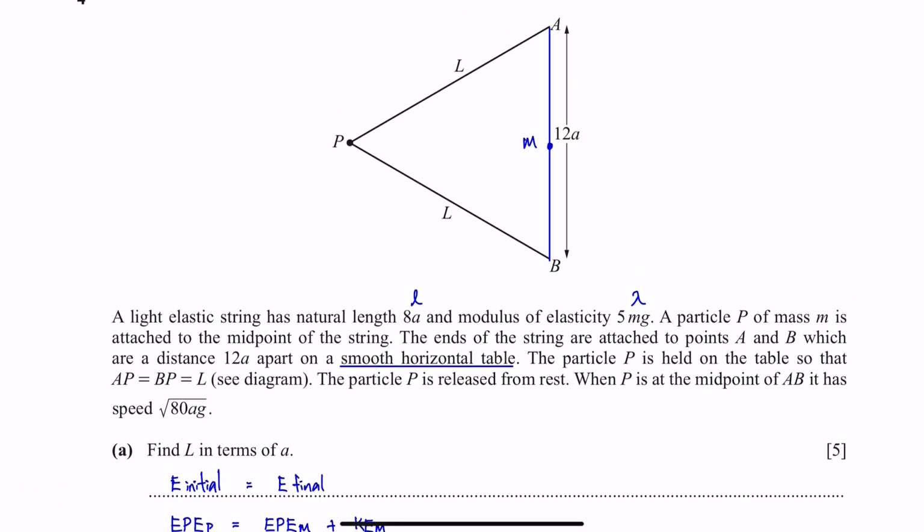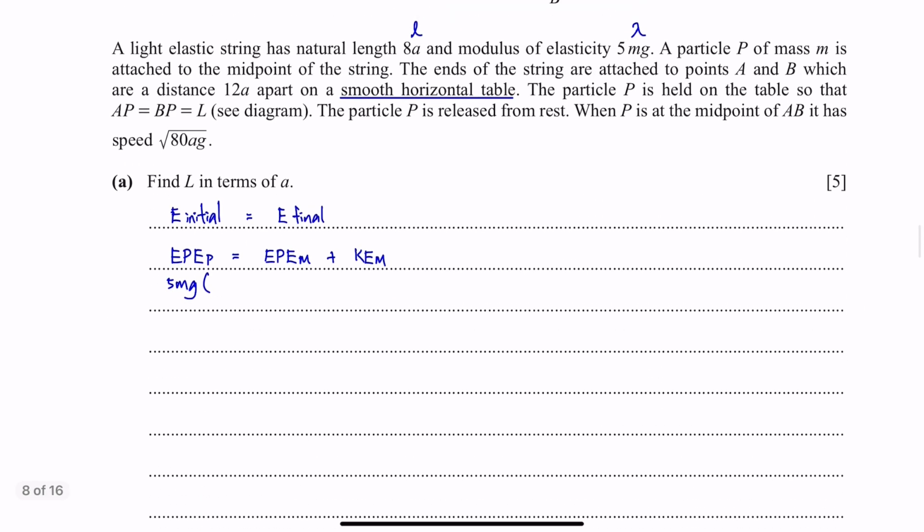Extension is the final length, which is 2L in this case, minus the natural length. So we have (2L minus 8a) squared. This is the extension over 2 times the natural length, which is 8a.